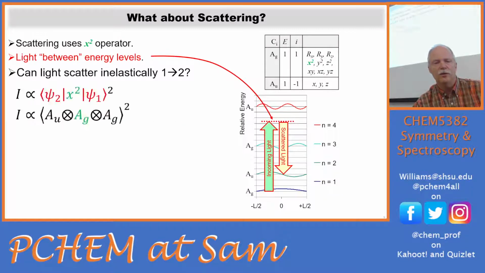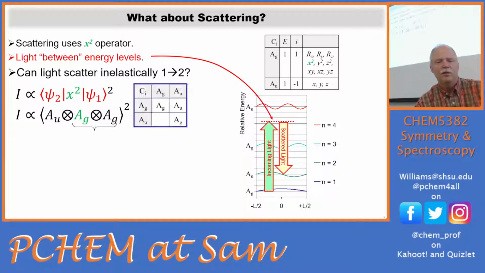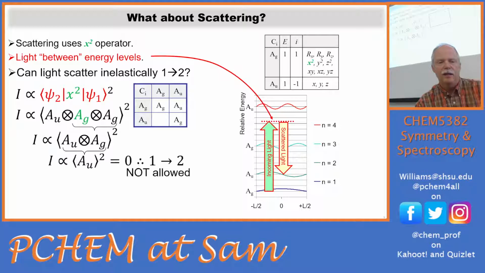That's the question. So we have 1 to 2 with the x squared operator. We do the symmetries of those, just like on the previous slide. 1 is AG, 2 is AU. We work the direct product table in pairs. AG times AG is AG. AG times AU is AU. And notice AU is not the top row.